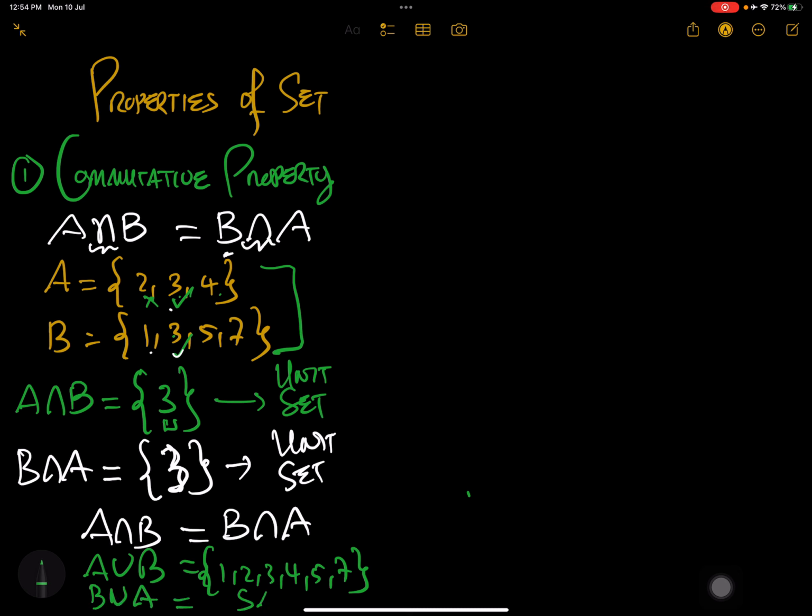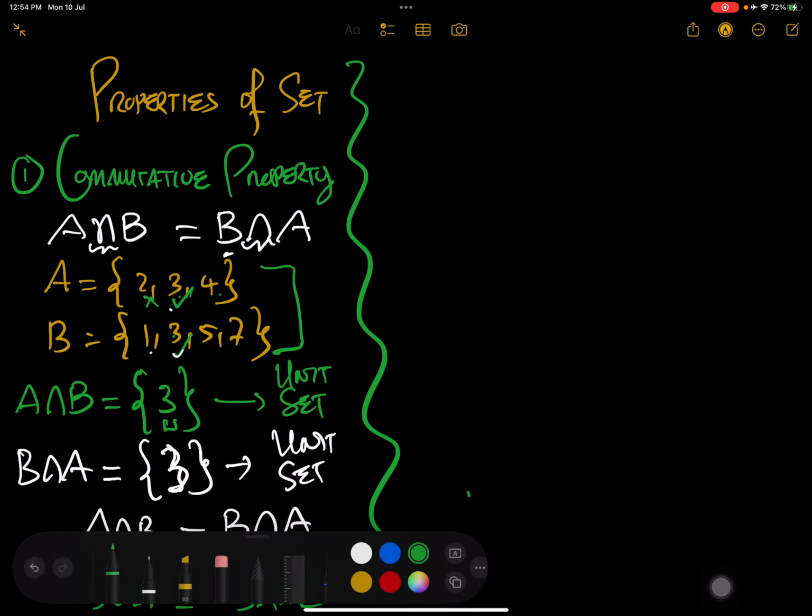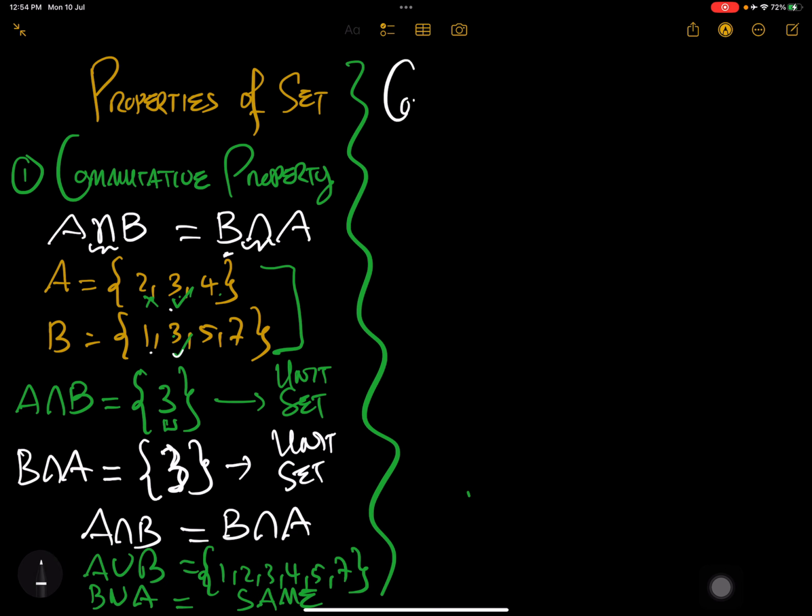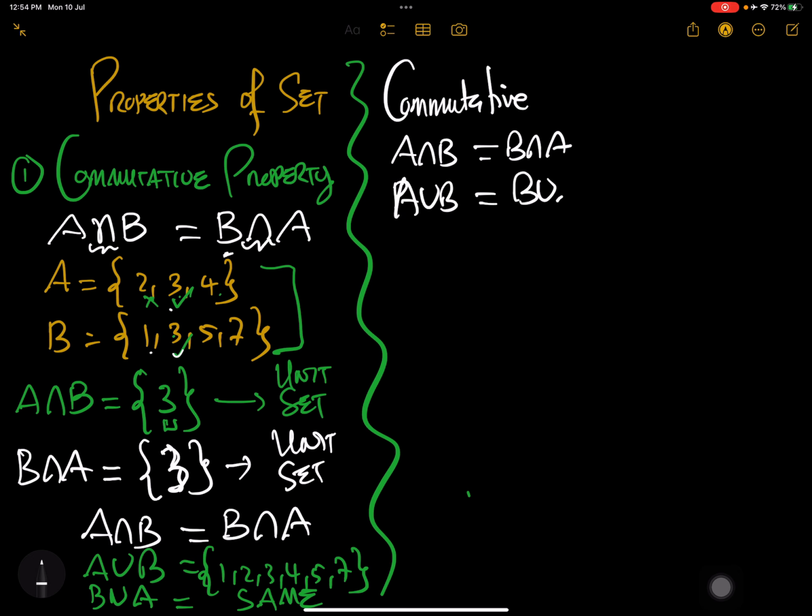That means that for the commutative property, a set is said to be commutative if A intersection B is equal to B intersection A, and also if A union B is equal to B union A. So we are okay with the satisfaction of the commutative property.